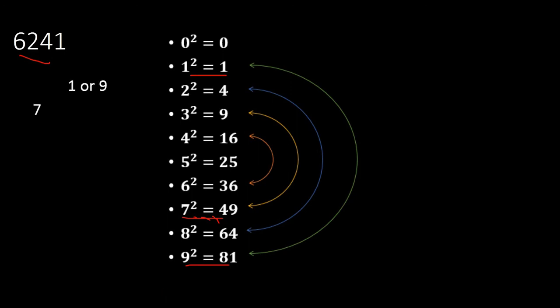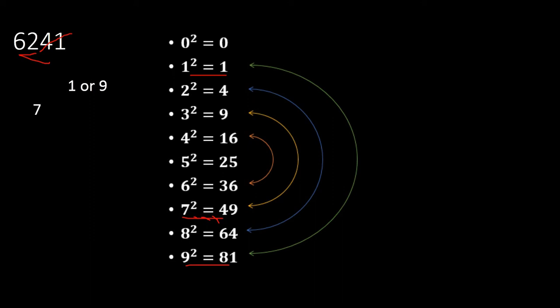Now cancel the last two terms and here we'll be remaining with 62. Now let's see which number has a square close to 62 or exactly equal to 62. It's 7. 7 square is equal to 49, so our option will be 71 or 79.